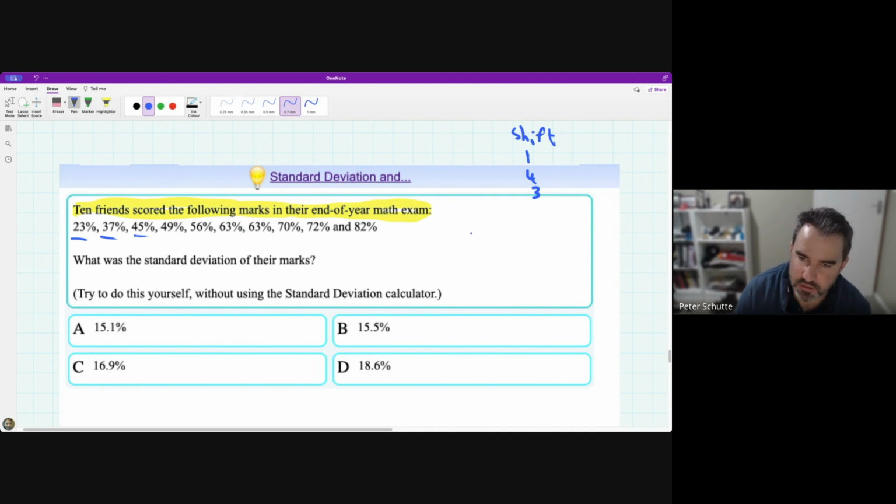Actually, for bonus points, I don't just want the standard deviation. I want that, and you're going to tell me which of these options. But I also want you to work out what the mean is of their marks. But that's bonus points.